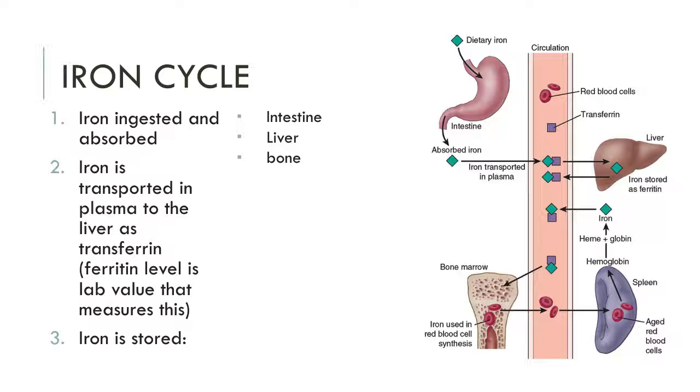And so, if you ever want to know if the person is getting enough iron in their diet or they have enough iron in their circulation, we would do a ferritin level. Iron itself is stored in the intestine, the liver, and in the bones. And those are the places where it will be needed the most.